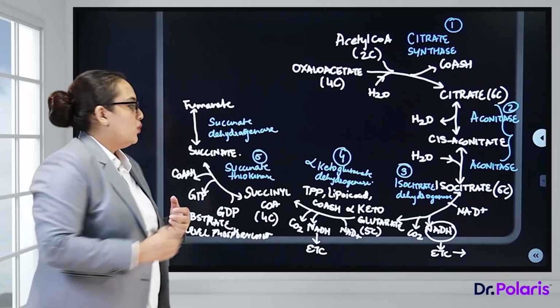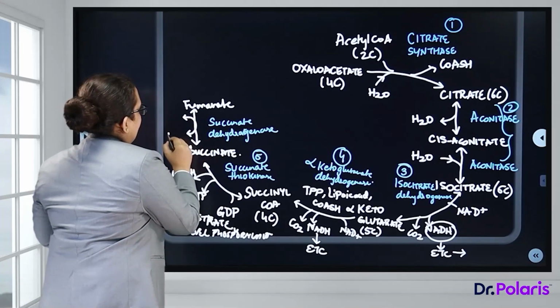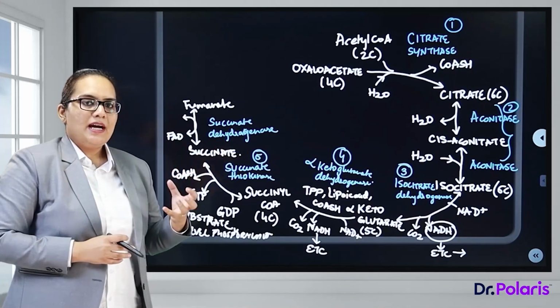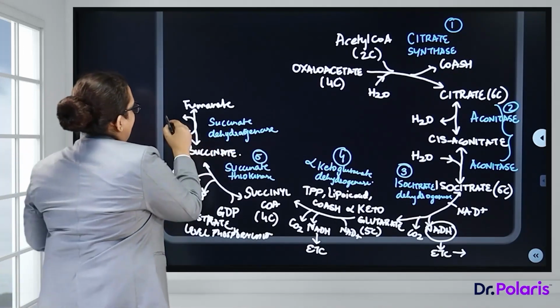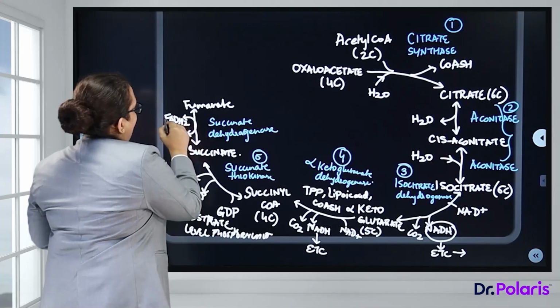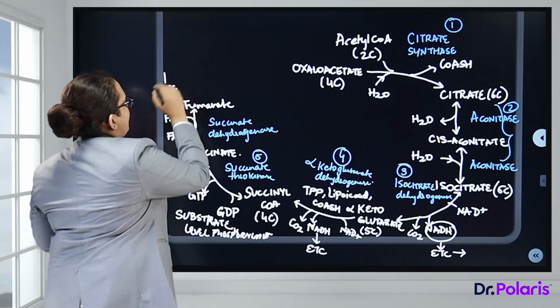The hydrogen acceptor over here is FAD. FAD is flavin adenine dinucleotide. FAD accepts the hydrogen from succinate to form FADH2, which then enters into the ETC, electron transport chain, to produce energy.